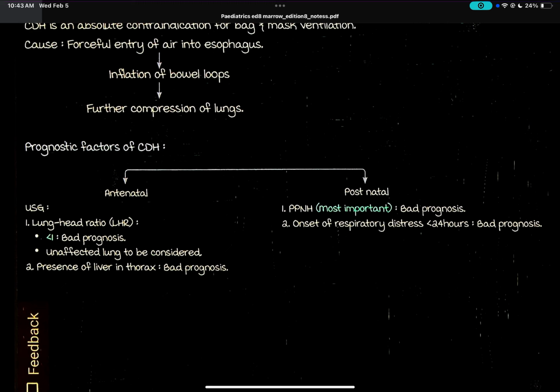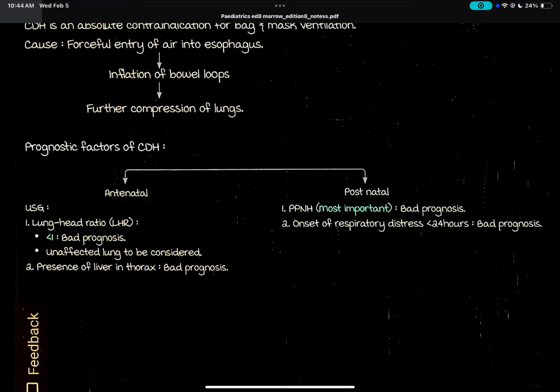Prognostic factors of congenital diaphragmatic hernia: antenatal and postnatal. On antenatal ultrasound, a lung to head ratio of less than 1 is a bad prognosis. The unaffected lung is considered. Presence of liver in thorax is a bad prognosis.